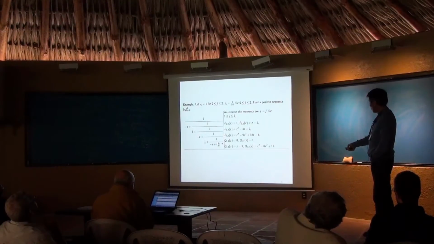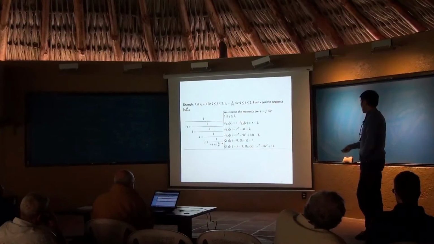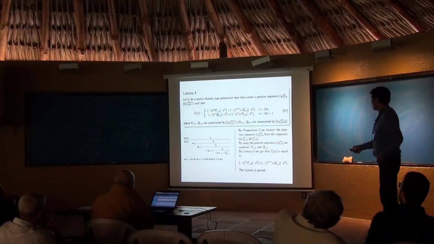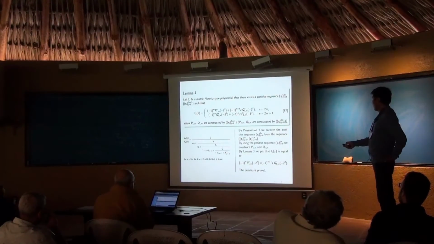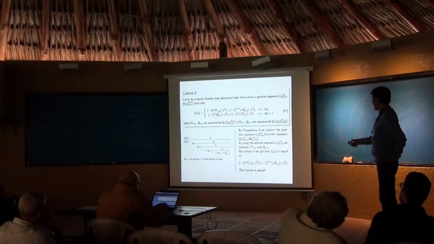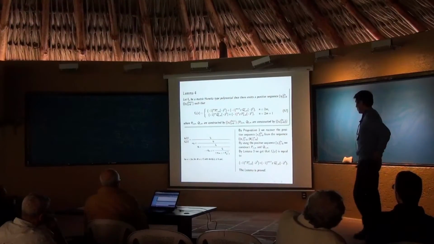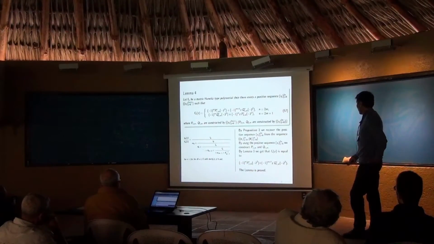And then we can recover the Laguerre polynomial. Then we can write a lemma: let f be a matrix Hurwitz type polynomial, then there exists a positive sequence such that this expression holds. We have already somehow explained with the previous remarks how this is done.